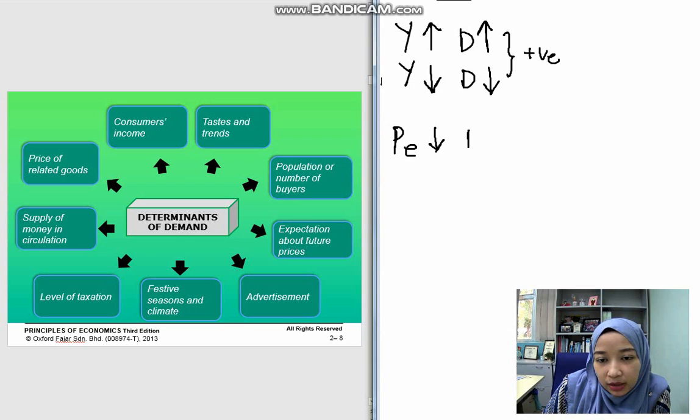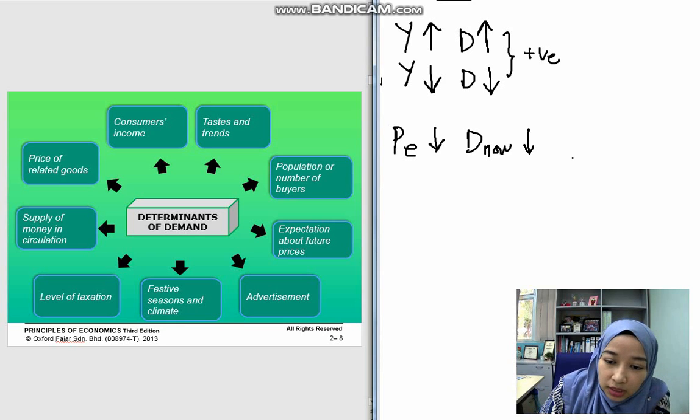So the demand for handphones, the current demand, we are talking about current demand, not future demand, will reduce because people will decide to buy handphones in the future when the price becomes cheaper.